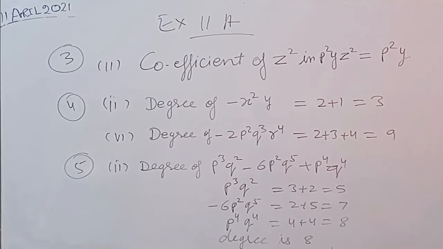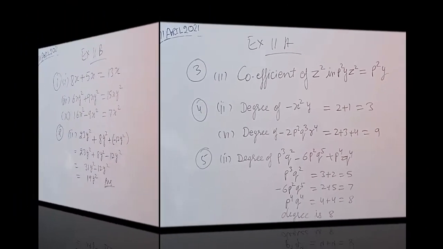So p cube q square, the degree is 5; 6p square q to the power 5, 2 plus 5, the degree is 7; p4 q4, that is 4 plus 4, 8. So the maximum is 8, so the degree of this polynomial will be 8. So in that manner you will do questions 3, 4 and 5.